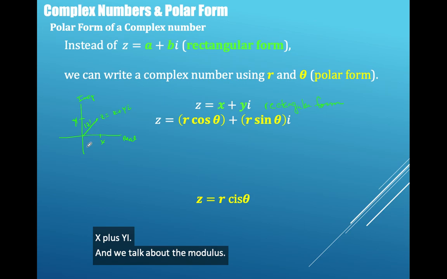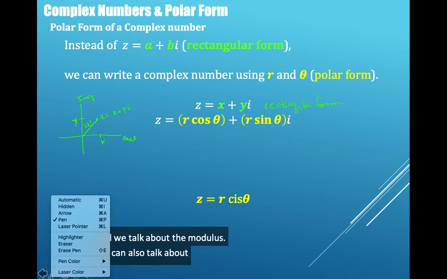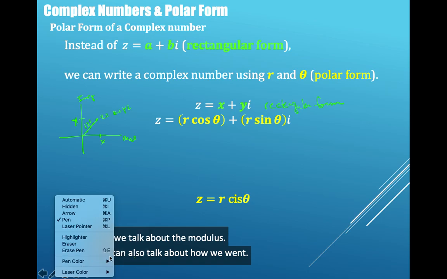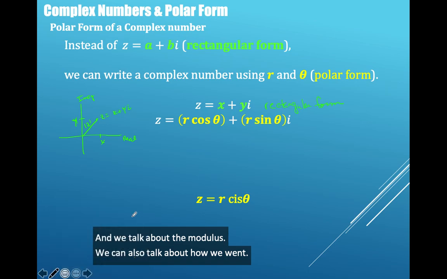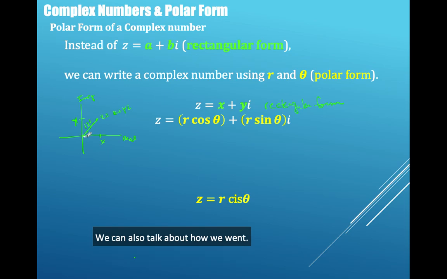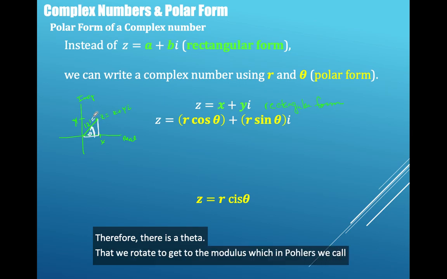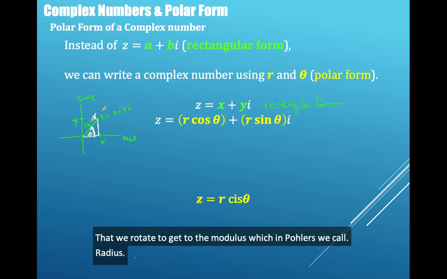We can also talk about how we went over an x distance, up a y distance. Therefore, there is a theta that we rotate to get to the modulus, which in polars we call the radius. Now, I'm going to factor this r out front.